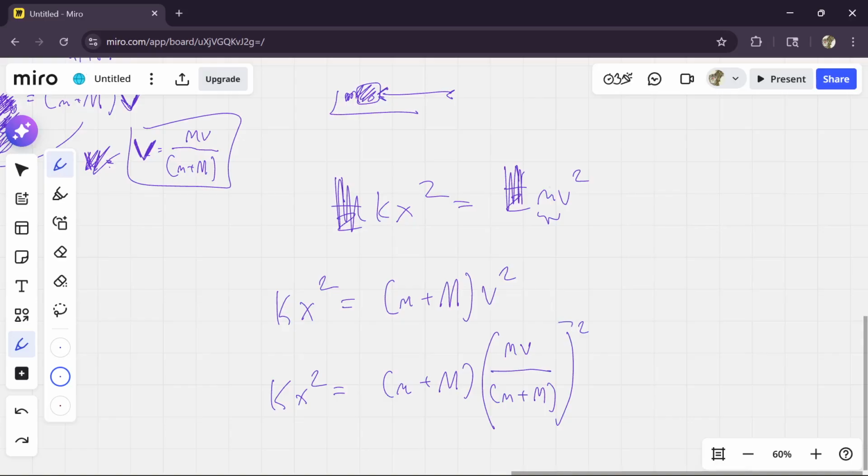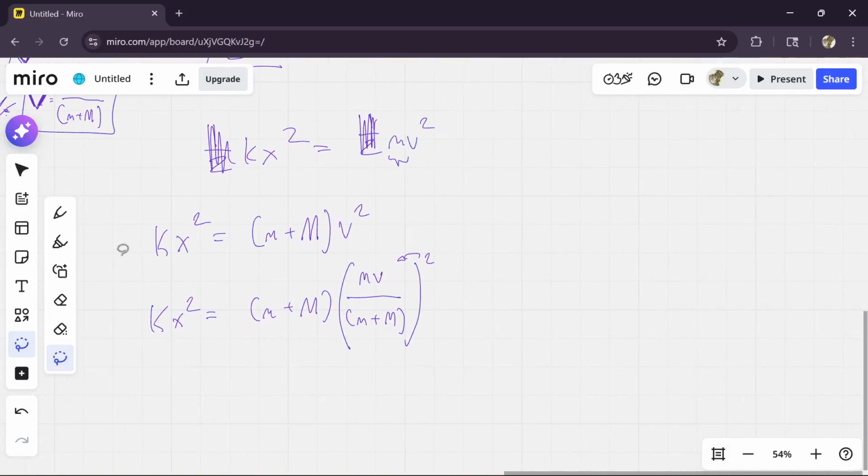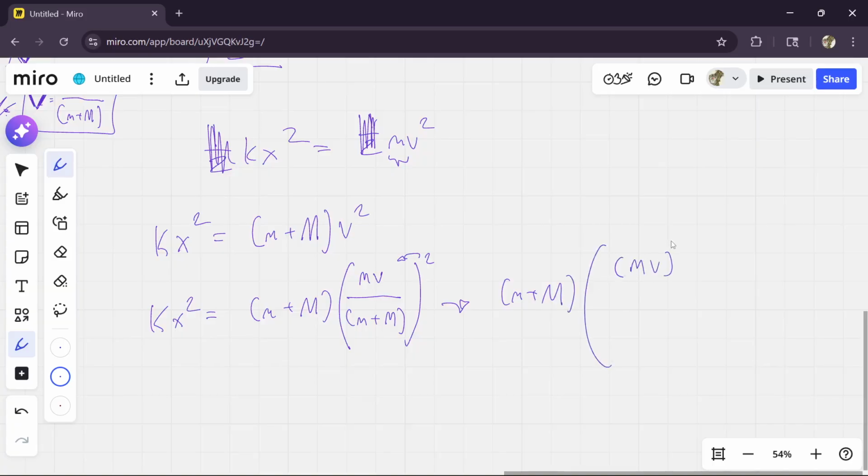Anyways, this exponent can now be distributed. So this becomes m plus big M times mv squared over small m plus big M squared, and then you're going to cancel these out.